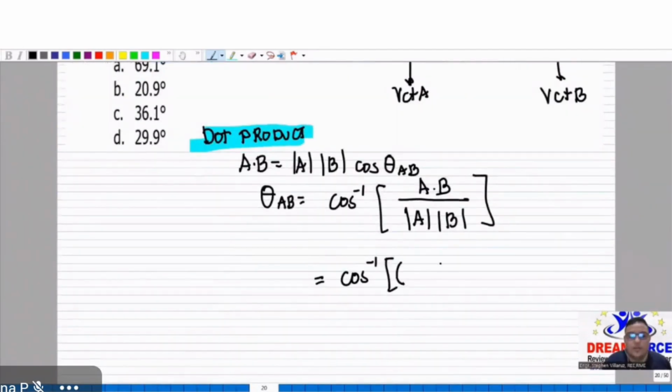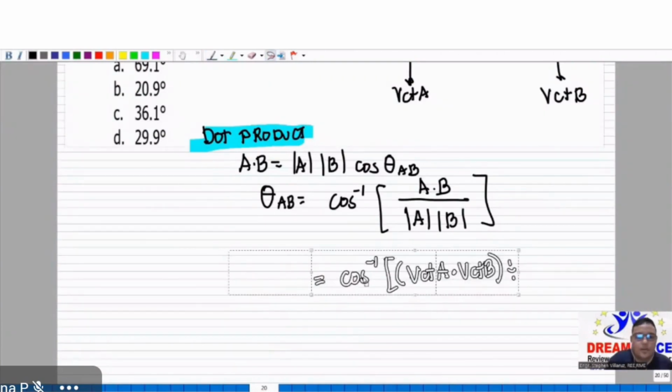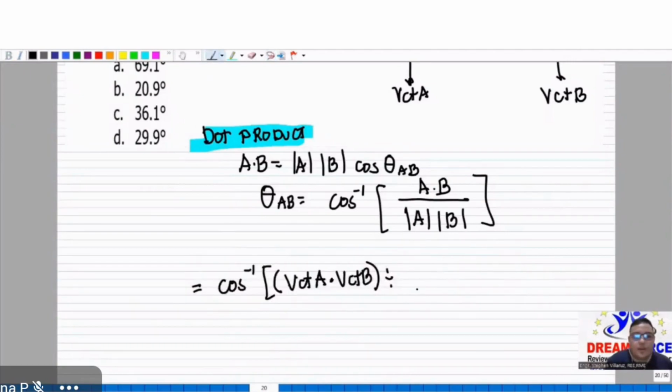Okay, may parenthesis dito sa loob. So, this is VCT A dot VCT B divided by, okay, so hindi kasya. Move ko lang to. So, divided by absolute value ng ating VCTA multiplied by absolute value ng VCTB.